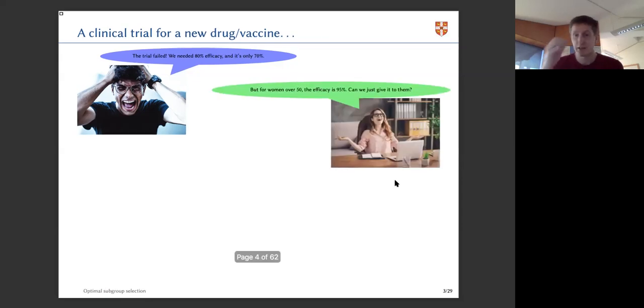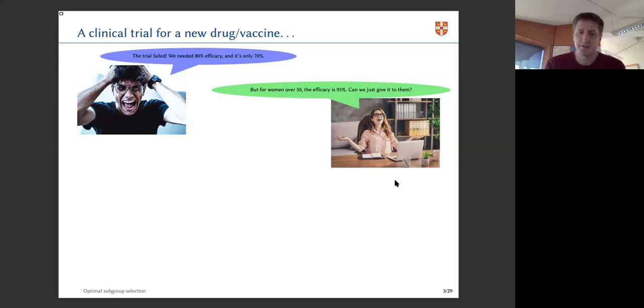They say, well, hang on a minute. If we just look at women over 50, then the efficacy is 95%. That sounds very impressive. Can we just give it to them? So that would be a very nice way of rescuing a sort of failed clinical trial if that were allowed.